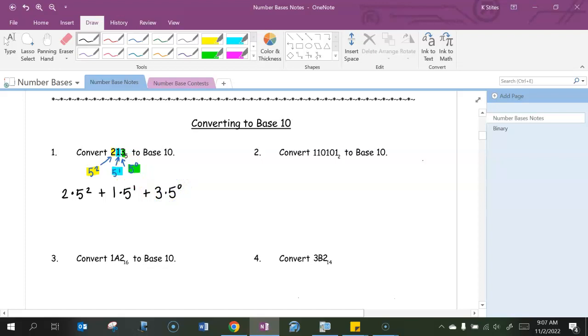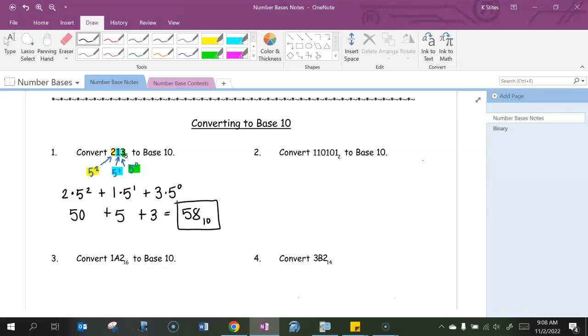This is a non-calculator test, so you should do these without a calculator. So this would be 25 times 2 is 50, plus 5, plus 3, and so 58 base 10 would be your answer. This is just the 58 that we know in our everyday life.